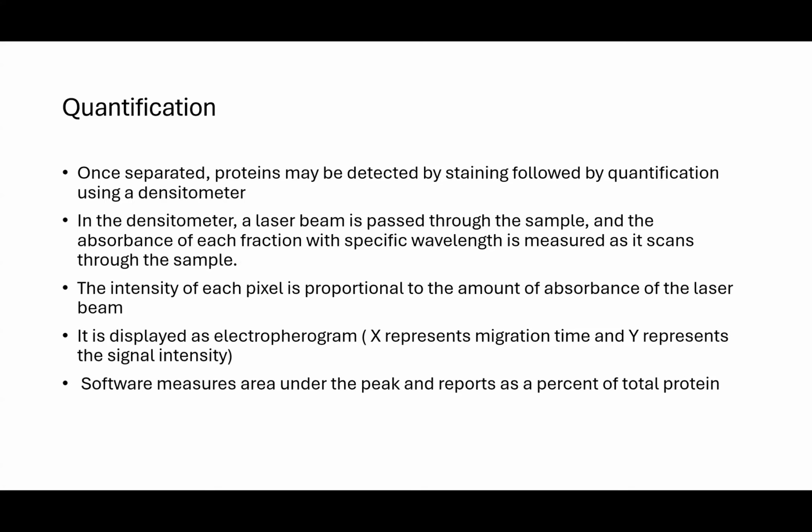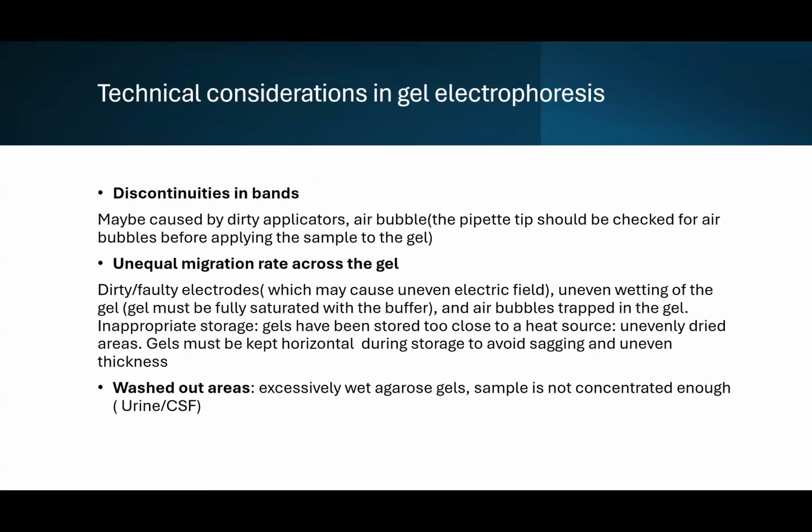The software measures the area under the peak. When we enter the total protein concentration of our serum into the software, it measures the area under the peak and reports it as a percentage of total protein. So we can have a relative concentration of that separated protein.